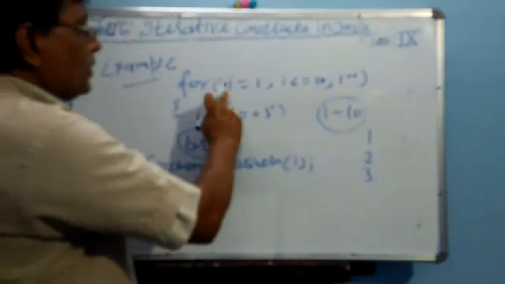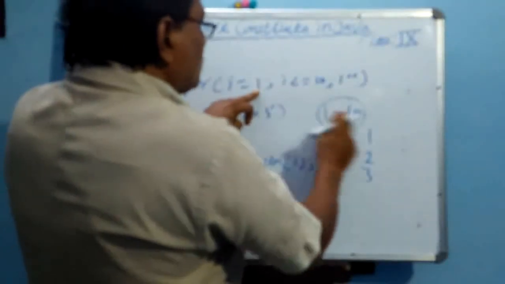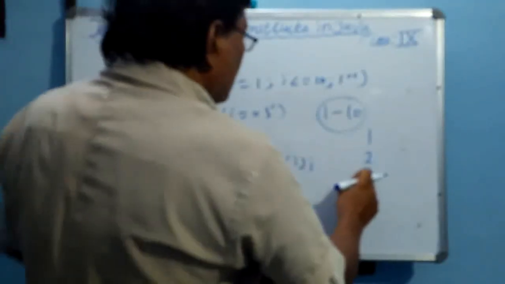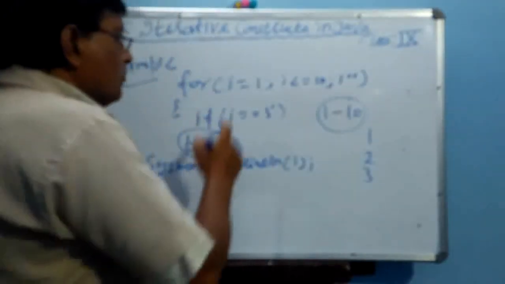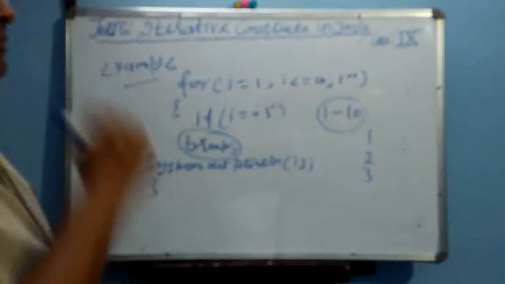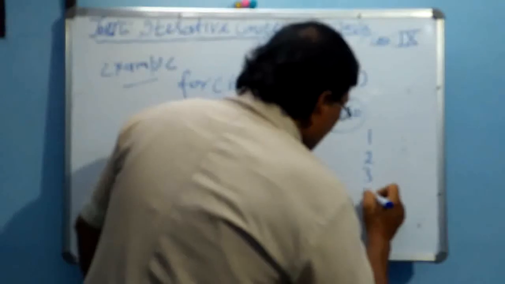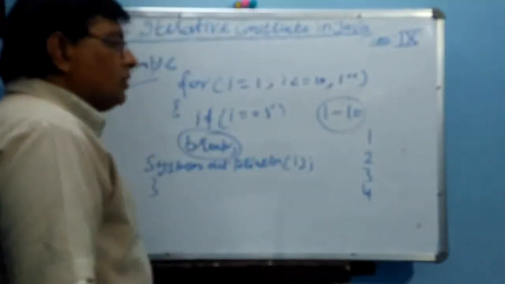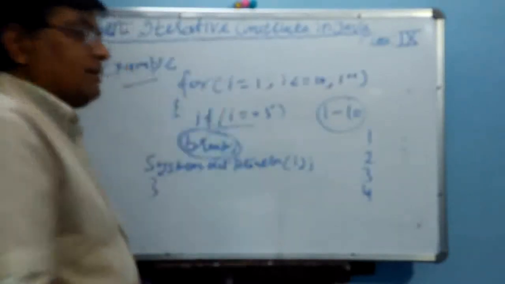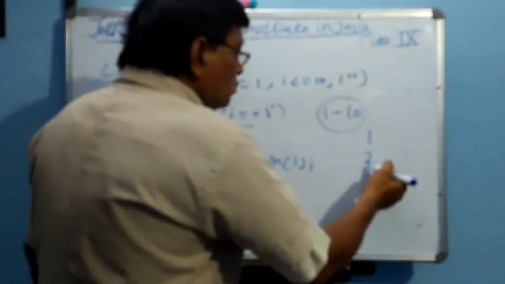When the value of I will be 5, that is, less than 5 means 4, then this loop will break. Then it will print only 1, 2, 3, 4.